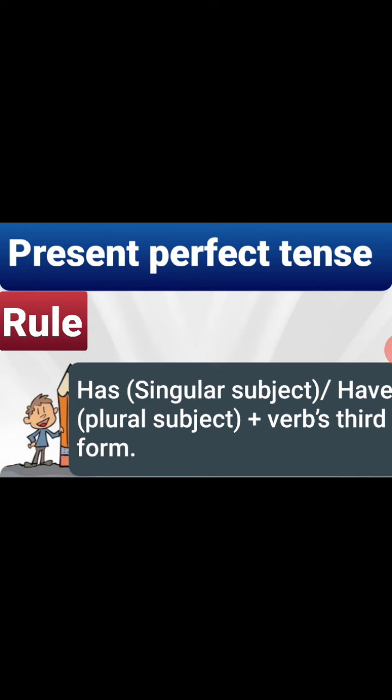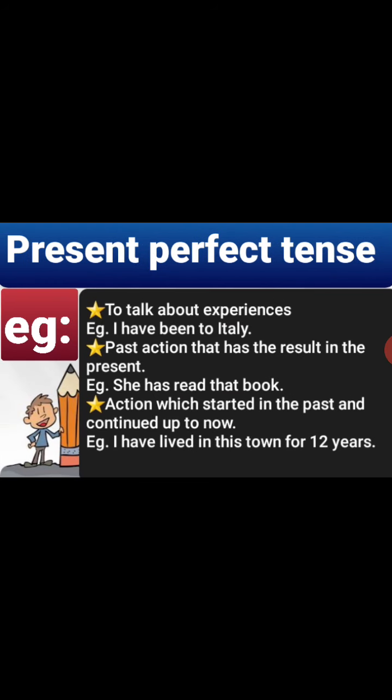Understand? And whenever you talk about he or she, that is any singular subject, then you use has, okay, and with the third verb form. Look at the rules of this present perfect tense. Students, whenever you talk about experiences, because they are perfectly done, right?